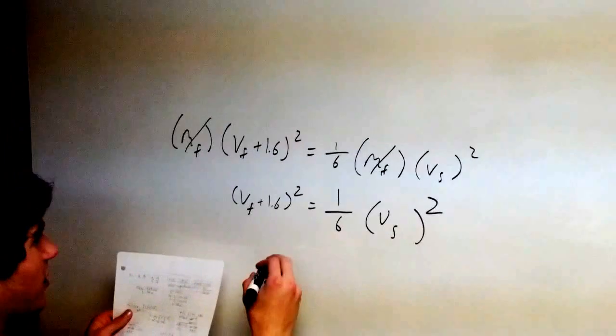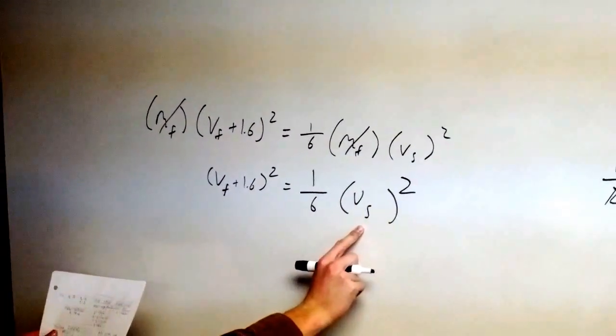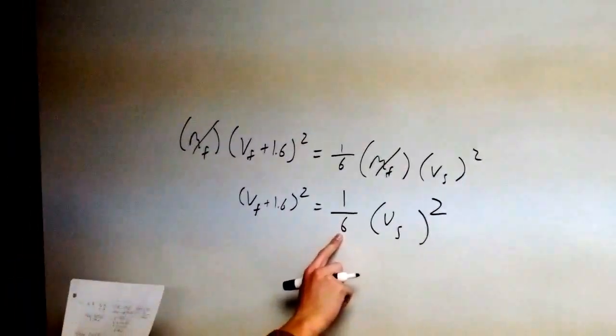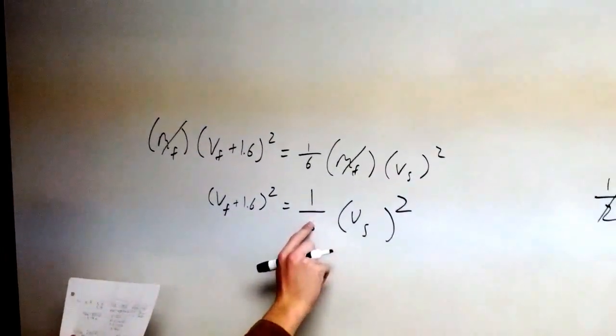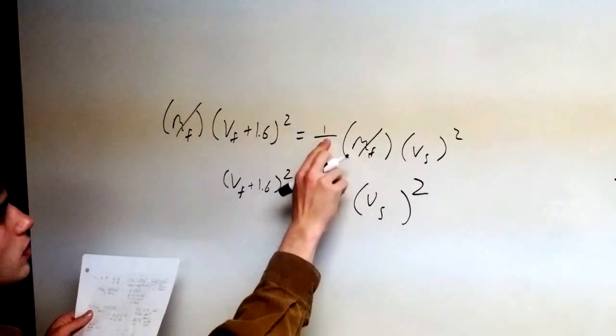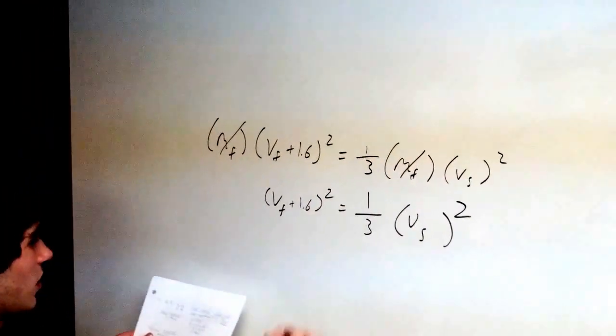And then from there we can solve for velocity of the son. I think this should be a 3. Yeah, this should be a 3. I'm sorry. My mistake.